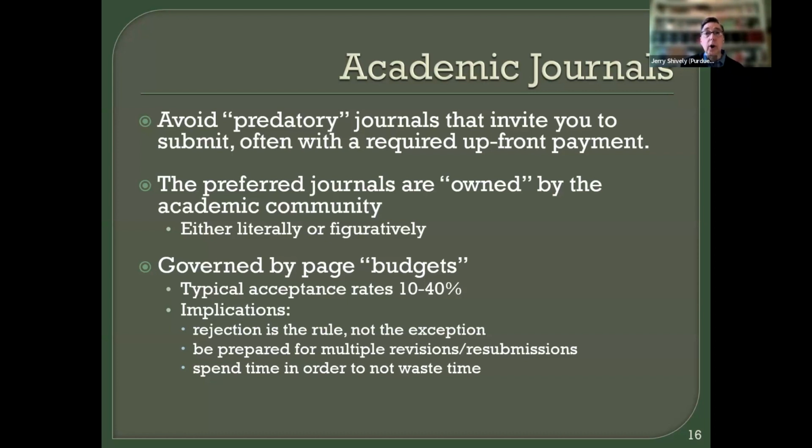The preferred journals are owned by the academic community. Either literally they're owned by the scientific community, or they're published by a publishing house on behalf of an academic community. Typically, those journals are governed by page budgets, although page budgets are becoming less important as journals move more and more of their publication online. But typically, an academic journal will have an acceptance rate ranging from 10 to maybe 40 or 50%.